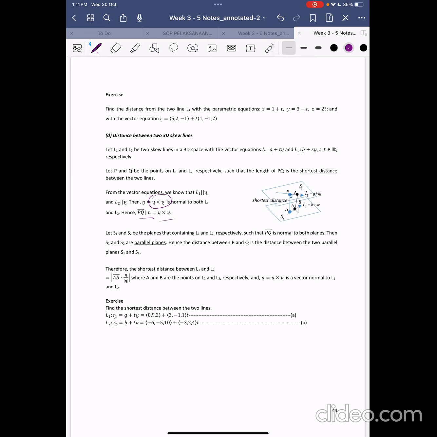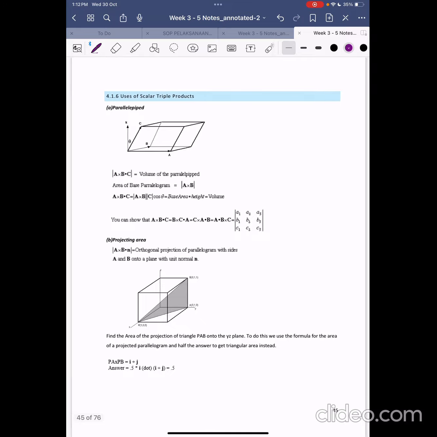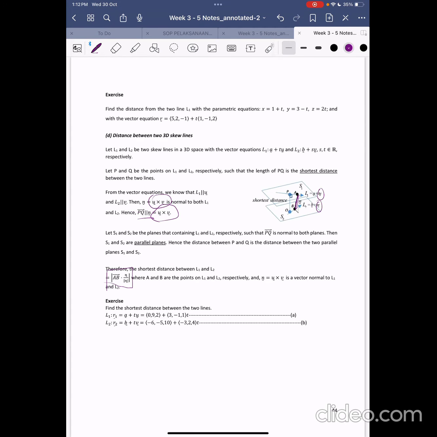In order to find the normal vector, we cross product vector U in line 1 and vector V in line 2. Therefore, the shortest distance between L1 and L2 is AB dot the normal vector, divided by its magnitude. This exercise we can discuss later when we meet face to face.